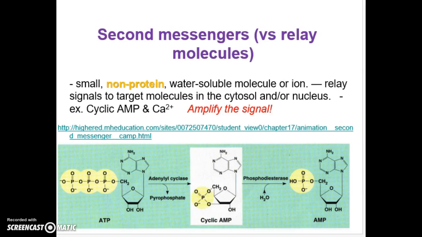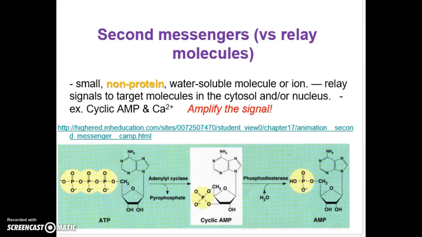So this is part 3 of Chapter 11's lecture on cell communication, and we left off talking about second messengers versus relay molecules. So again, relay molecules are going to be proteins that are involved in passing the signal within the cell to get the response.